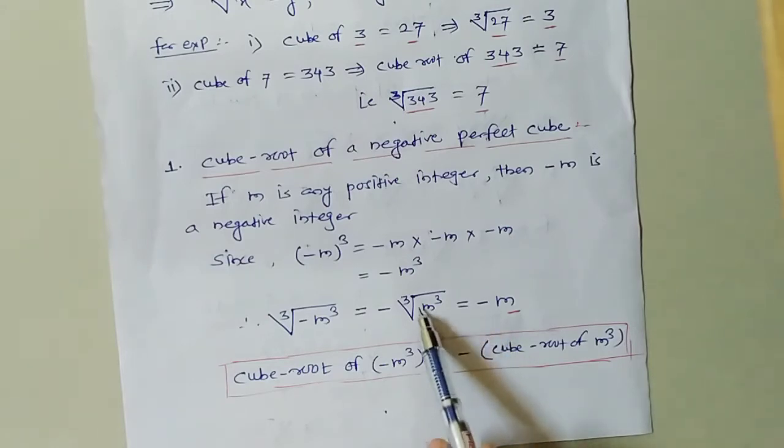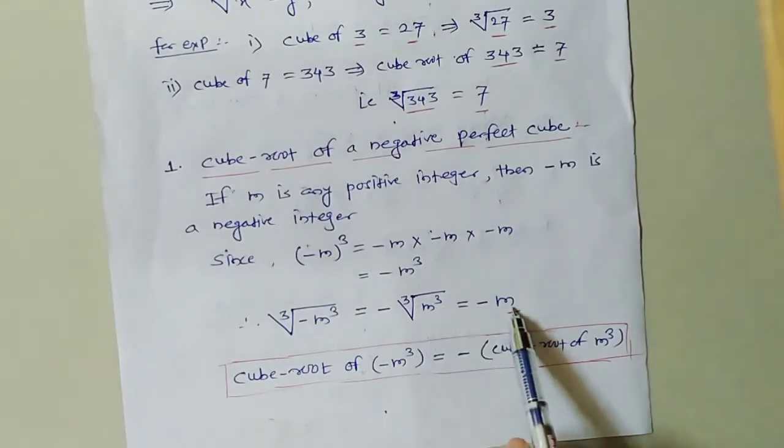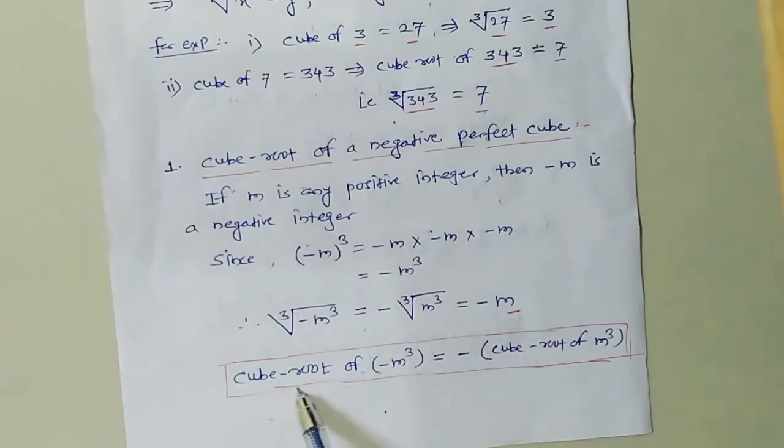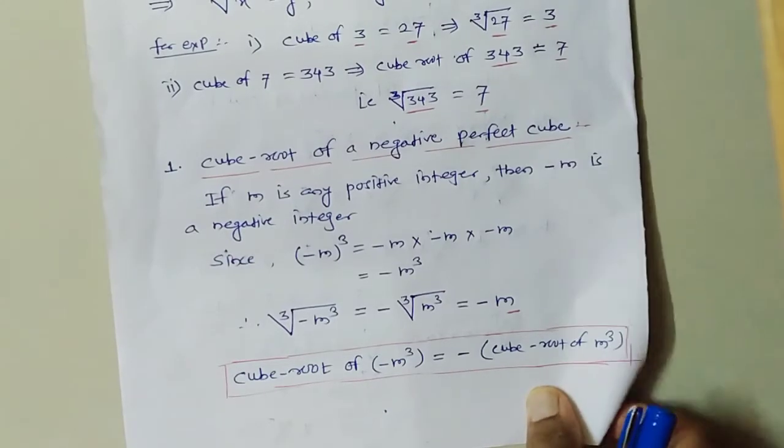The cube root of m cube is m, which is equal to minus m. So therefore the cube root of minus m cube is equal to minus, in bracket, the cube root of m cube.